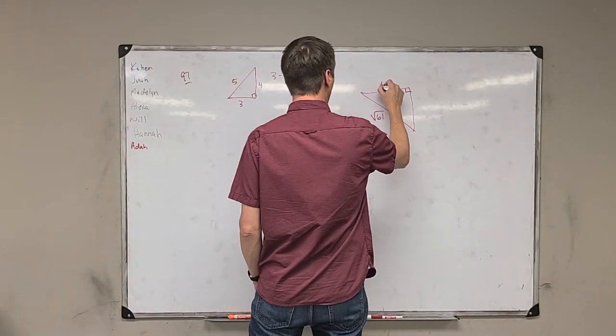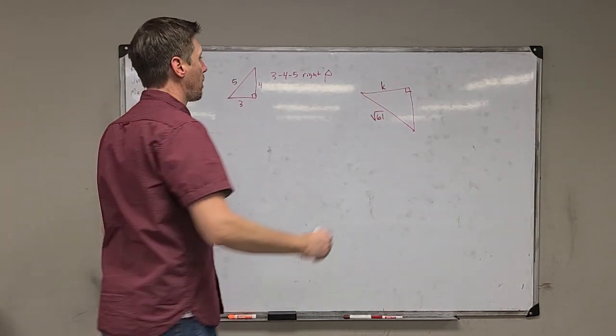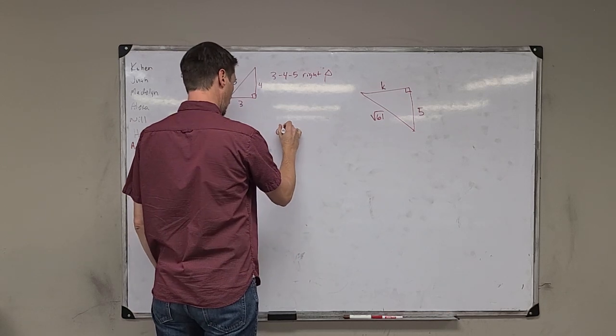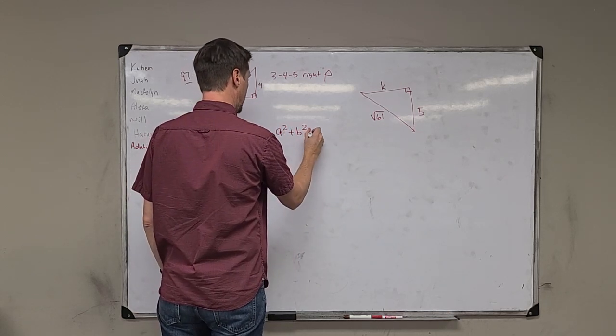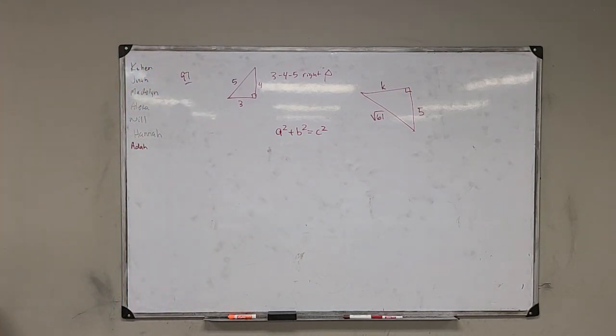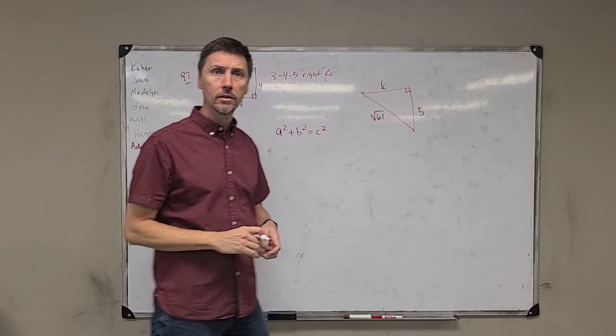This value is k, and this value is 5. All right? So remember, my Pythagorean theorem says a squared plus b squared equals c squared. Always identify c first. Okay? Because c is the one thing that you have to get right in these right triangles. Which value on this right triangle is c?